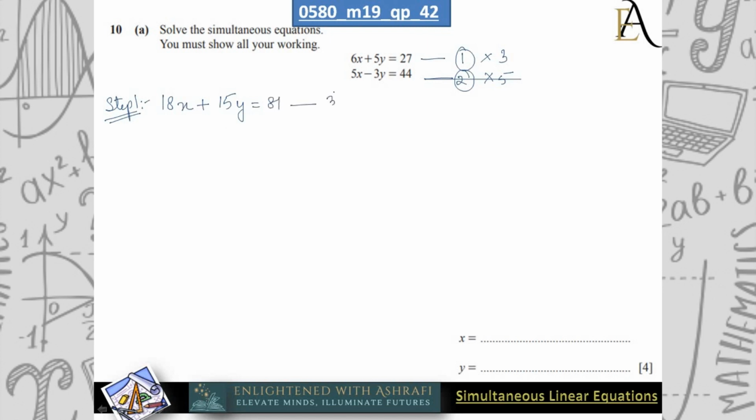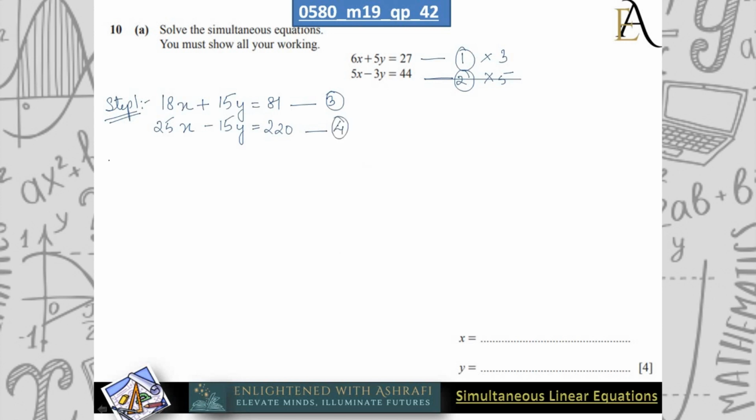Let this be my equation 3. Now this is by 5, so this will become 25x minus 5 3s are 15y equals 44 multiplied by 5, which gives me 220.